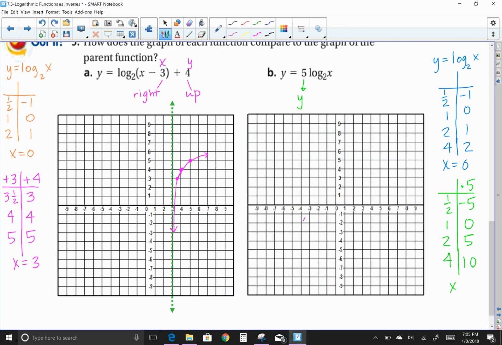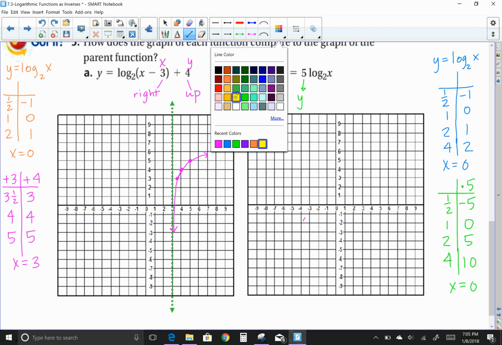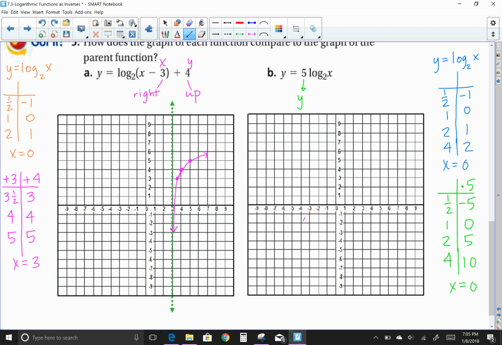X equals. Did I do anything to my x values? I did not. So my asymptote is actually going to stay the same. I'm going to make it a different color since I'm graphing in green. It is still x equals 0, which is right here on that axis. Okay, and so at 1/2, I'm at -5, which is right here.